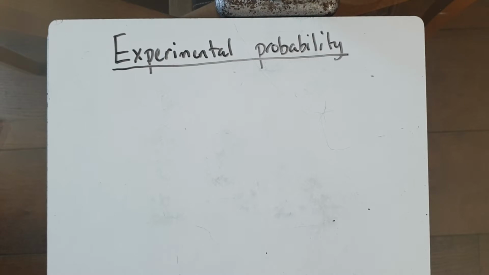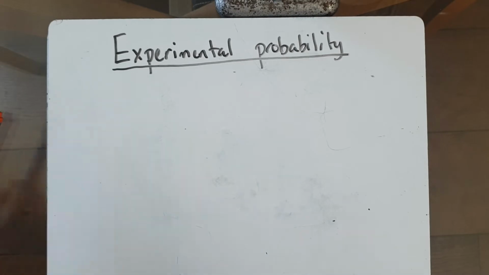If you performed that experiment enough times, you would expect it to end up showing you that you have a 50% chance of heads and a 50% chance of tails, and that would be your experimental probability.